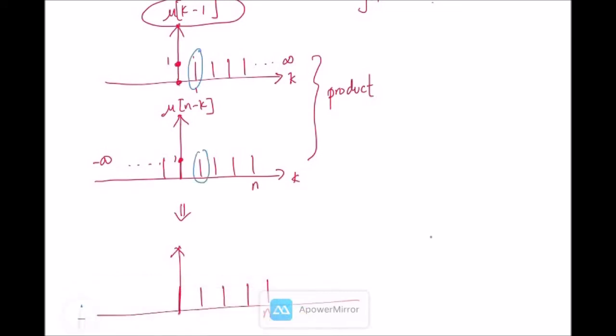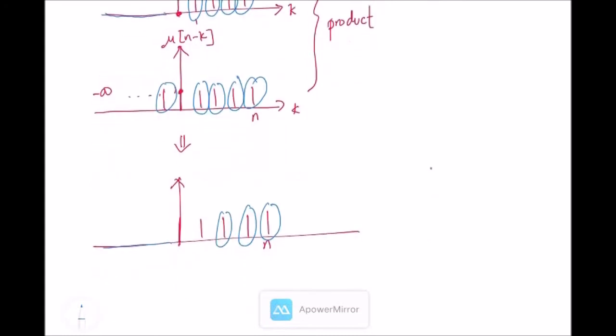This one and this one, you get 1, up to n. For below the 0 value, all are 0. So 0 multiply with 1, you get 0, all 0.